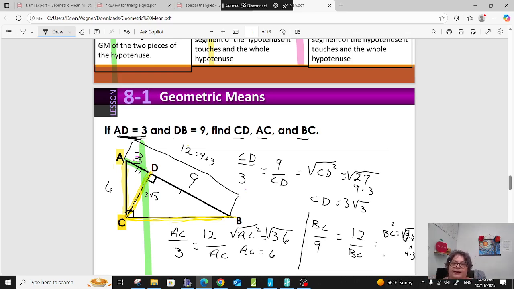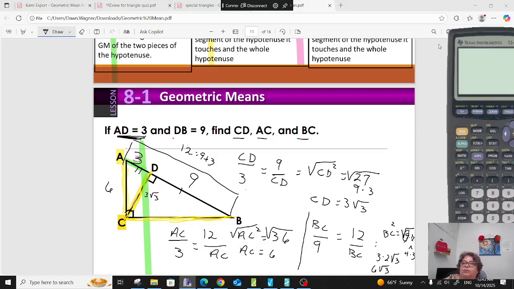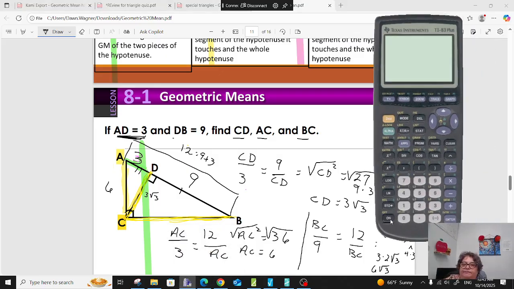What's the square root of 9? 3. What's the square root of 4? 2. And then the 3 has to stay behind. What's 2 times 3? So that'd be 6 square root 3. Now I could have multiplied them together and get 12 times 9, and then look for the biggest perfect square that goes in there, which would be 36.